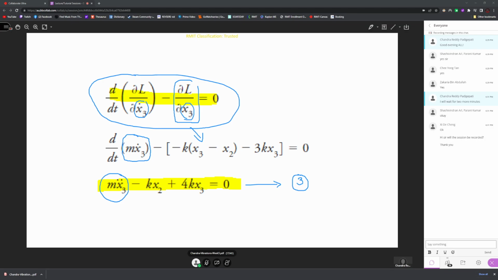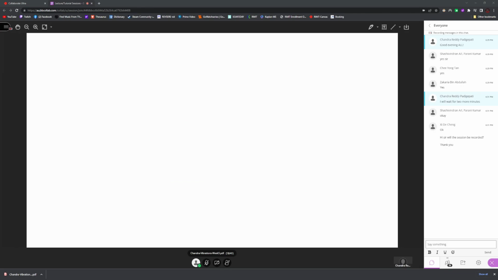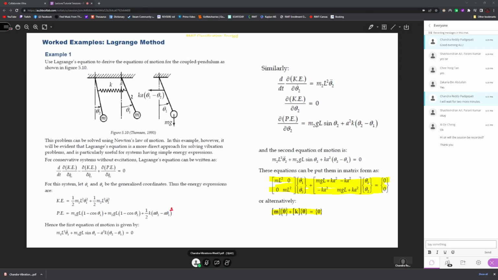In the end of term exams, there will definitely be a question on the Lagrangian equation where you apply this. Generally, a mechanical vibration exam without a question on the application of Lagrange's equation cannot be avoided.